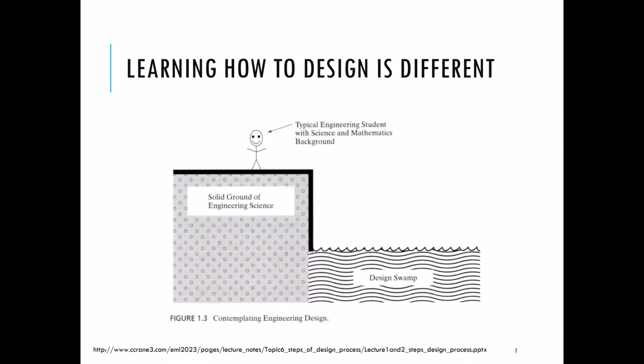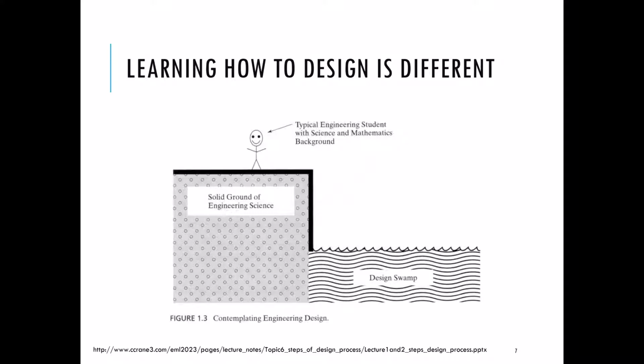So how do you actually learn how to design? Well, say you're this typical engineering student, and you've got a nice, firm background in science and mathematics. So you've taken physics, you've taken chemistry, you've taken all the mathematics courses, calculus, etc. So you have all these tools that you can use to help you in the design process.